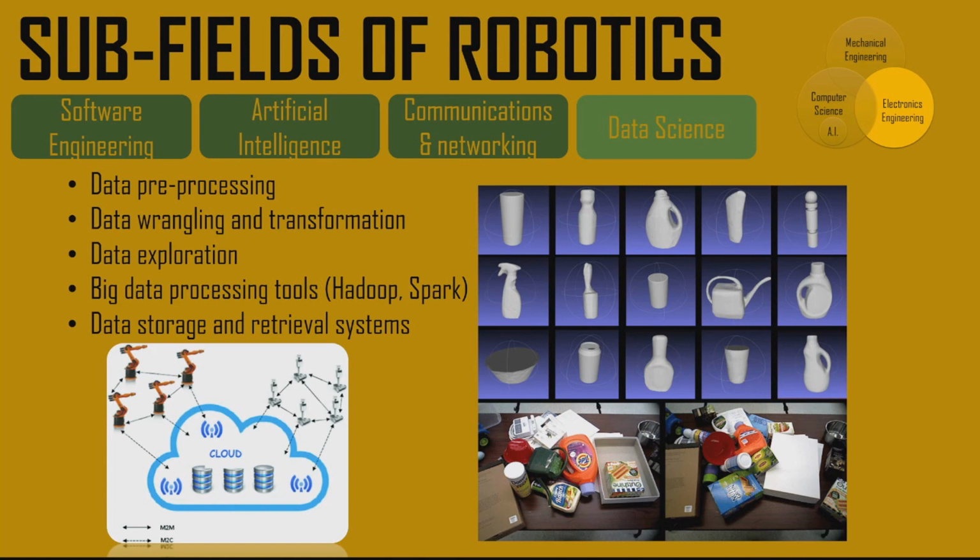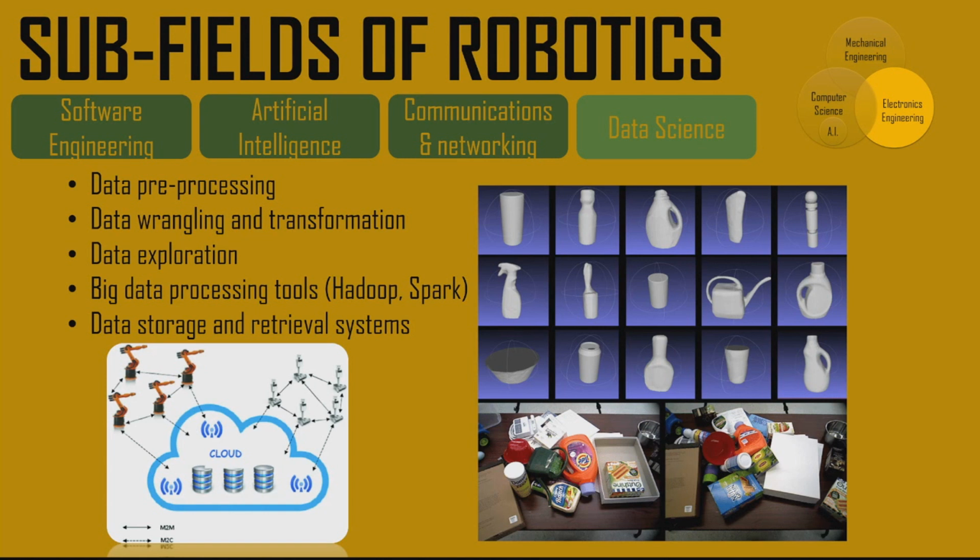So data science, of course, you could classify also under artificial intelligence in a way, but artificial intelligence has more to do with actually designing and developing intelligent algorithms, and the part that is dealing with large amounts of data can be categorized as a separate field, which requires the use of databases, data storage and retrieval systems, and data processing tools that I mentioned.